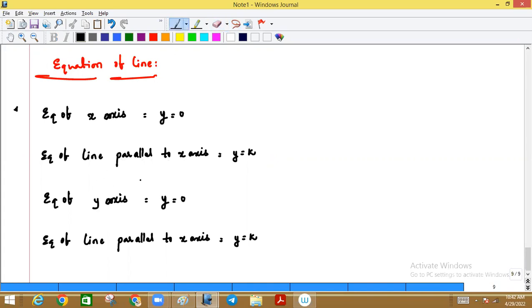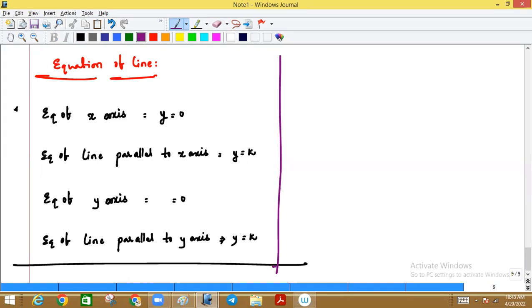Equation of y-axis, x is equal to 0. Equation of line parallel to y-axis. Right?